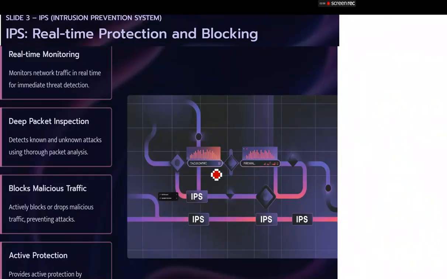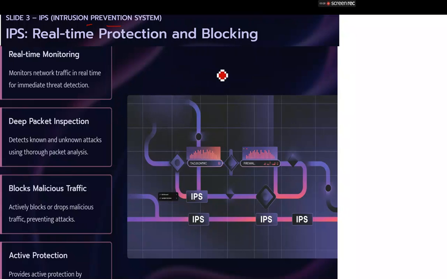Now, let's talk about IPS, Intrusion Prevention System. IPS does everything the same as IDS, but with one difference. IPS is an active security control. It can block the traffic. When IPS detects malicious traffic, it does not just alert, it blocks the traffic immediately.